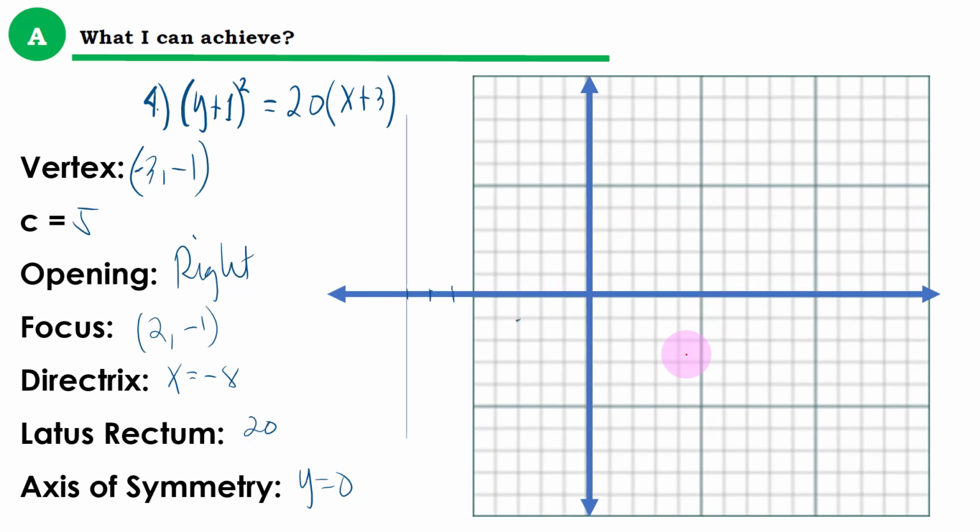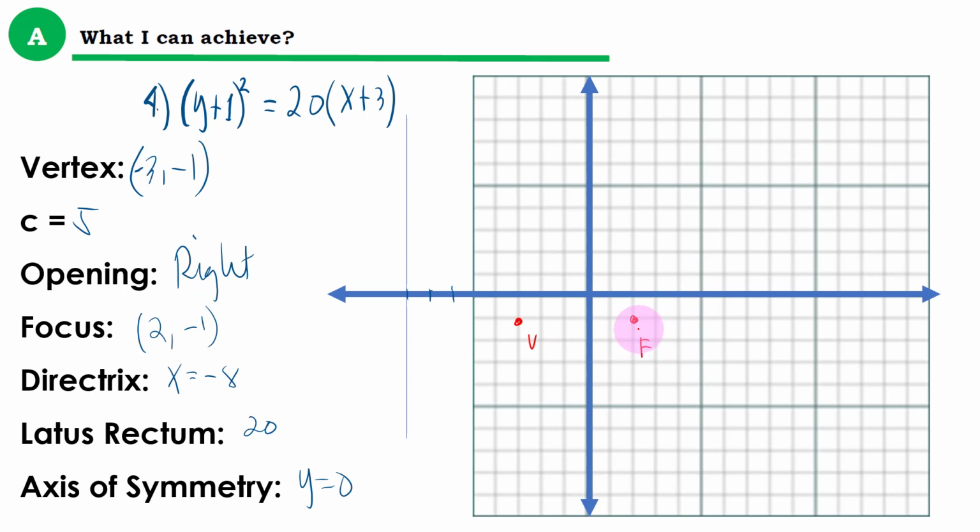Number 4, we have y plus 1 quantity squared equals 20 times the quantity of x plus 3. So, ang ating vertex ay negative 3, negative 1. Ito yung vertex. At yung ating opening ay to the right. So, ang ating focus ay nasa 2, negative 1. Ayun.